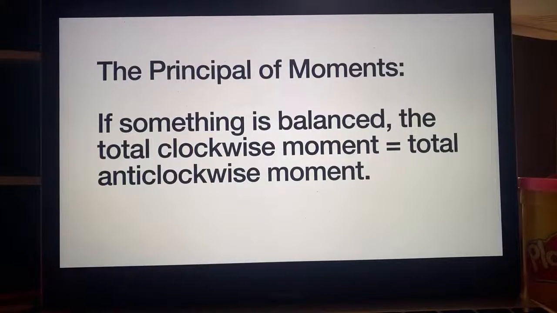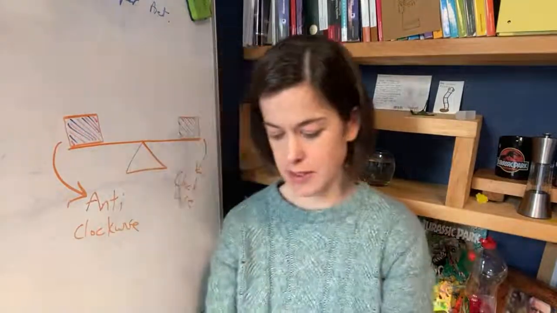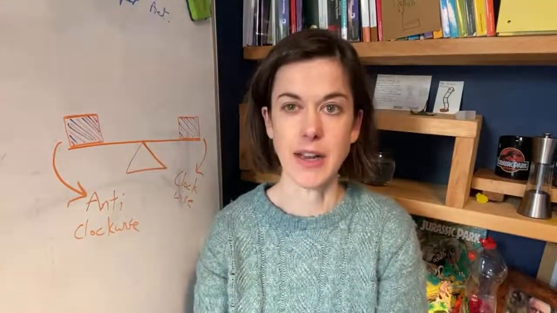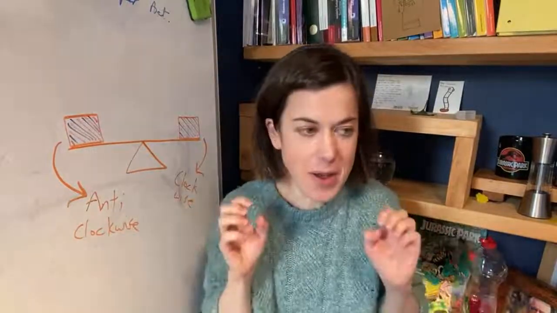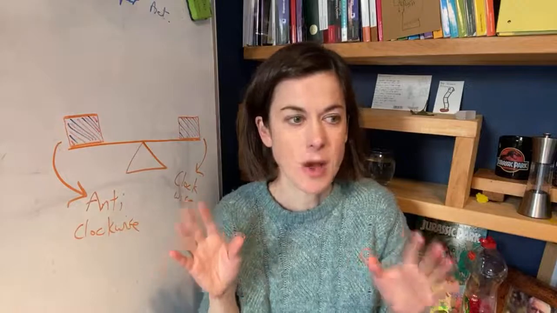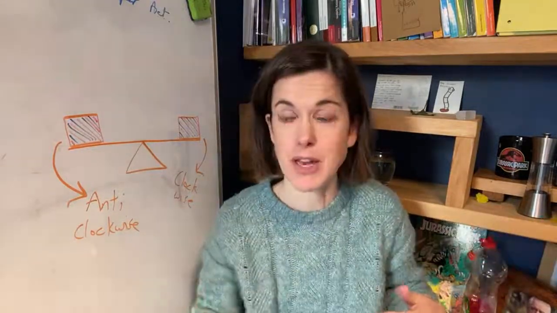Right. I've got an activity for you that it turned out on Facebook to be quite dangerous, actually. What I want you to do is three different things, really. A moment is basically how much something turns. So I want you to go over to the nearest door, maybe the door to your room, or maybe a cupboard door.